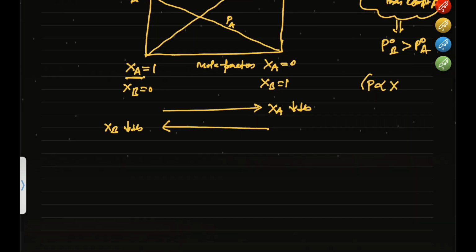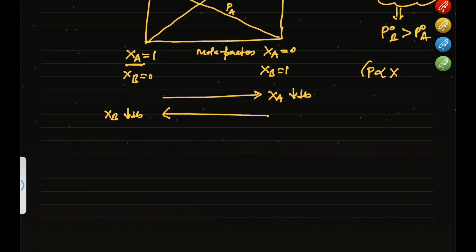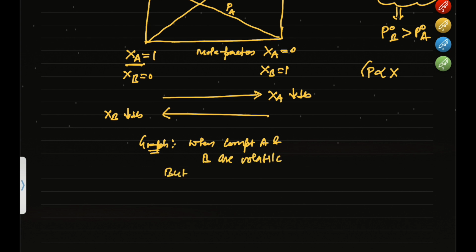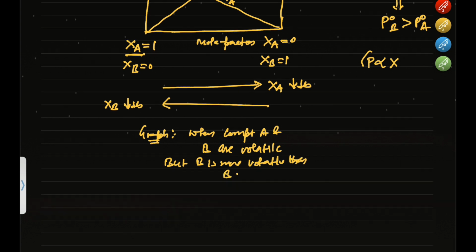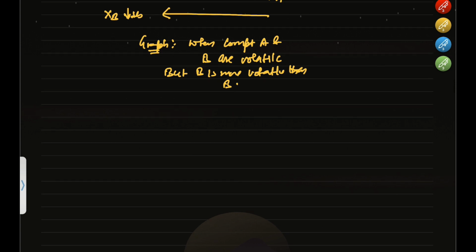Okay, this is the graph when components A and B are volatile, but B is more volatile than A.